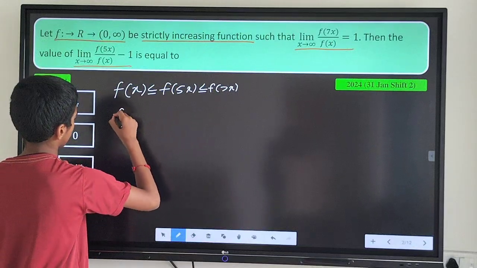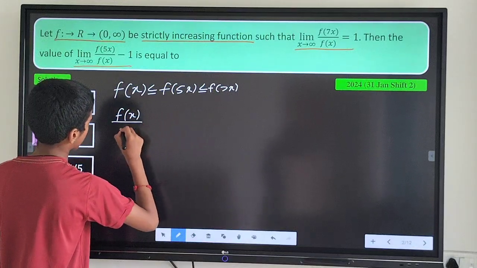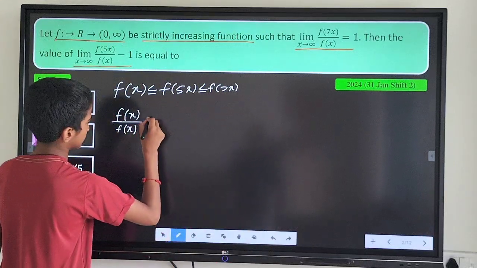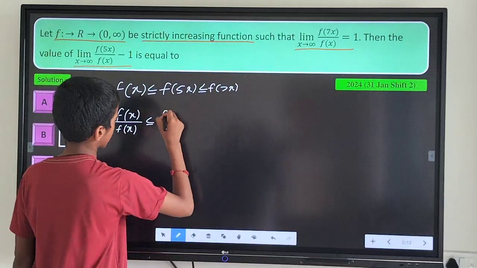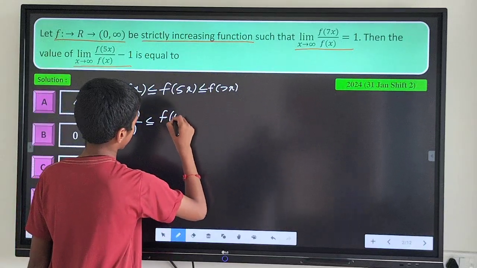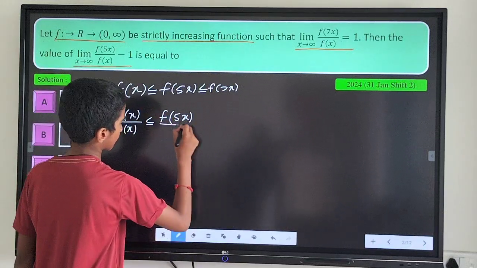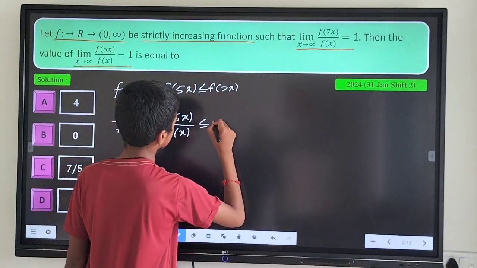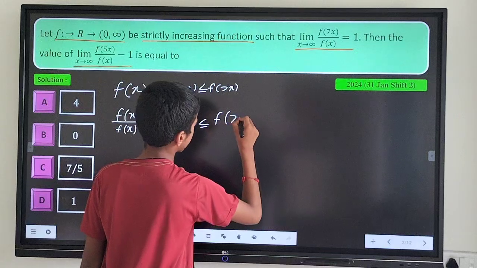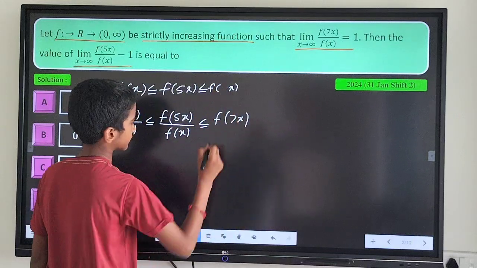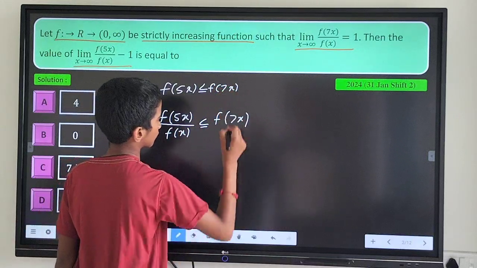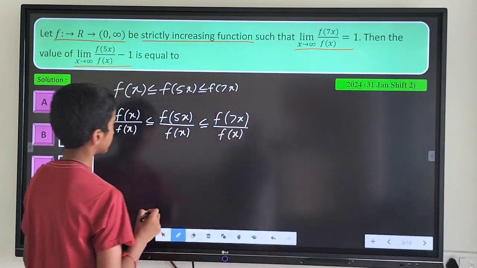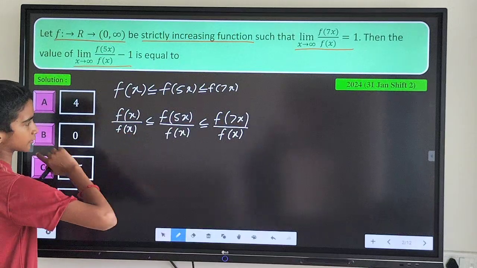So we will get f of x upon f of x less than or equal to f of 5x upon f of x, which is less than or equal to f of 7x upon f of x. Now we will put the limit x tends to infinity on all the sides.